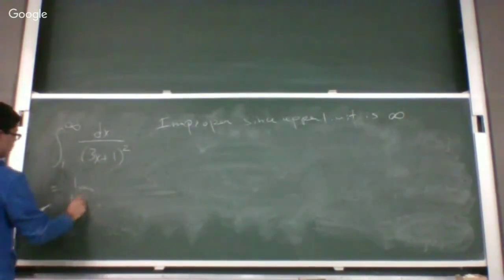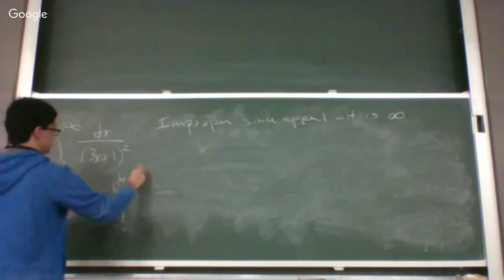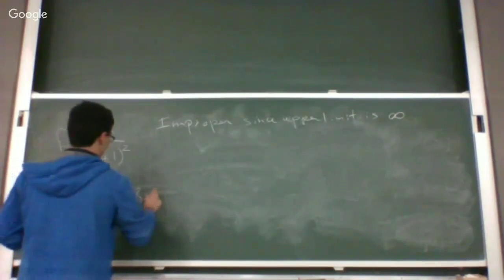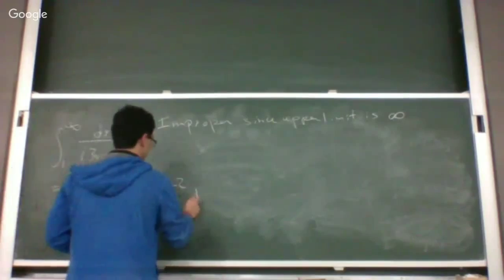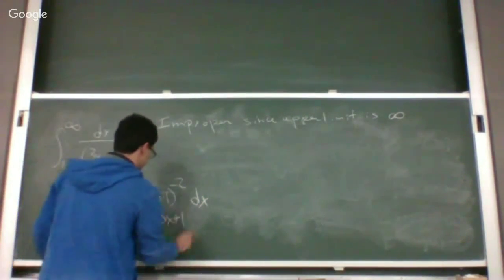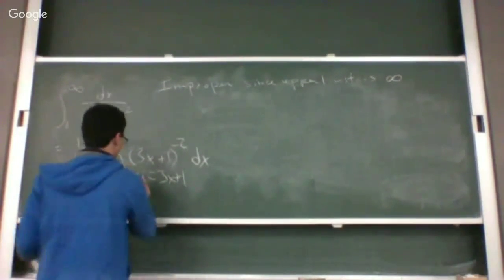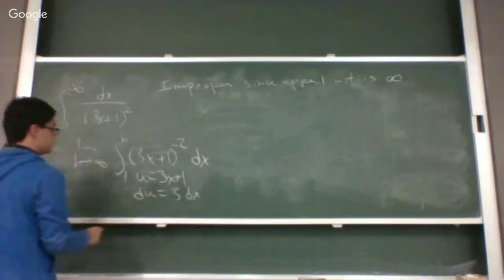Then we can rewrite this as limit as b approaches infinity from 1 to b of (3x plus 1) to the minus 2 power dx, where u is equal to 3x plus 1, or du is equal to 3 dx.